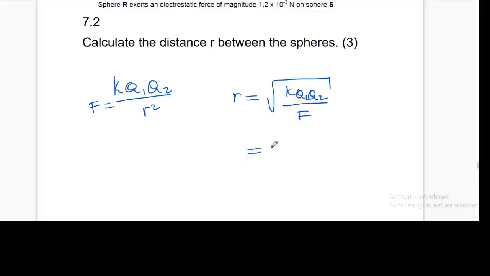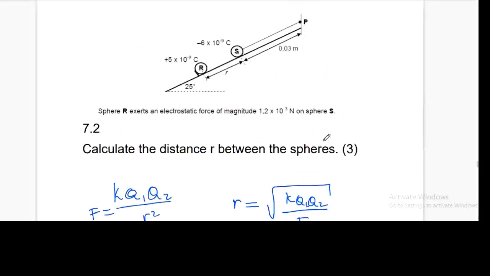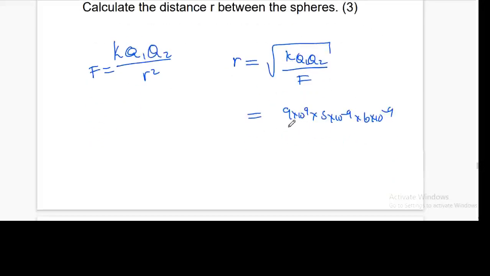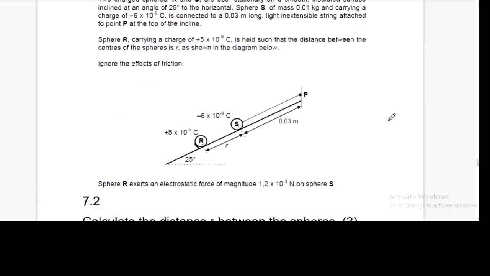Now the square root of k, which is 9 times 10 to the power 9, multiplied by QR 5 nanocoulomb, the other one is 6: 5 times 10 to the power minus 9 times 6 times 10 to the power minus 9, divided by the force. How much is the force?